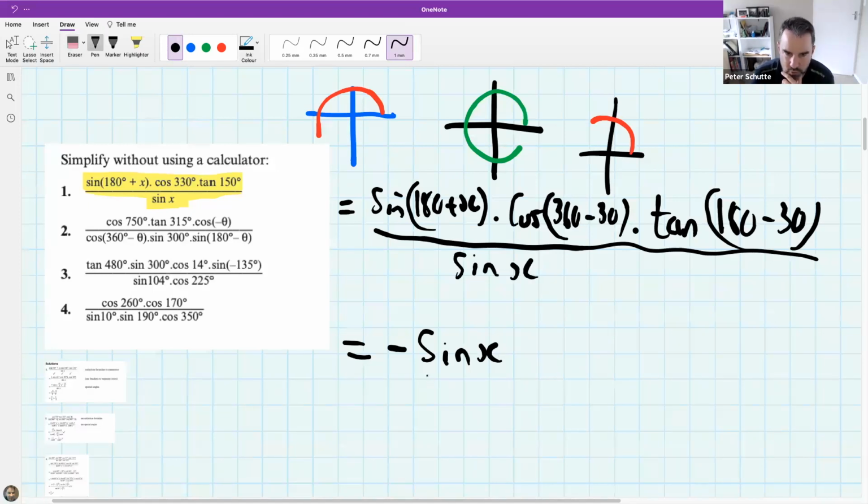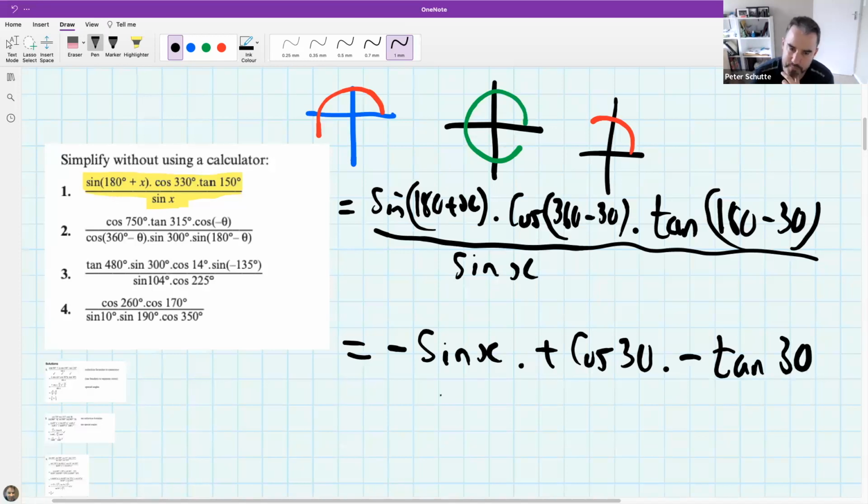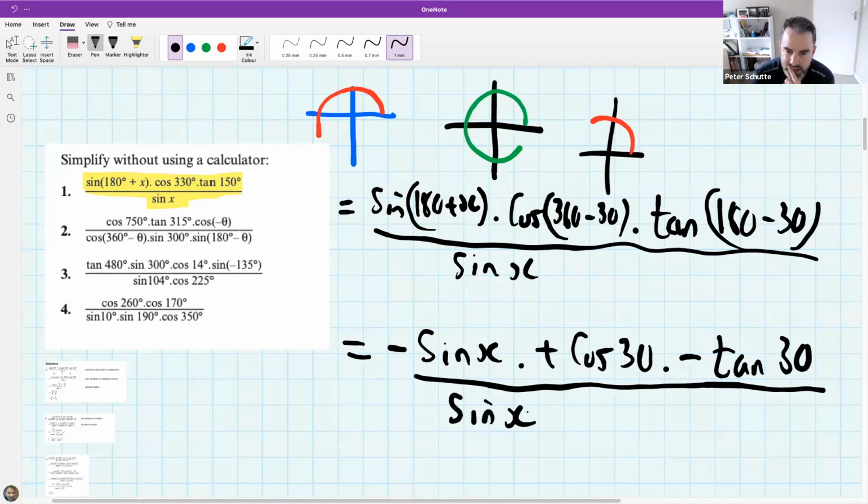Okay, so minus sine x on the top. Then for this one, because I'm in quadrant 4, I'm going to get positive cos 30. And then I'm going to get negative tan 30. And then I'm going to get the sine of x. I just made that up. That was me just being a little too relaxed, I suspect.